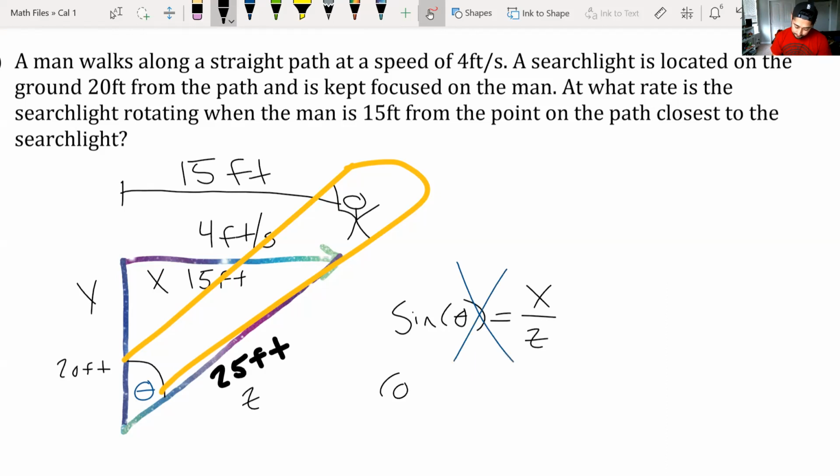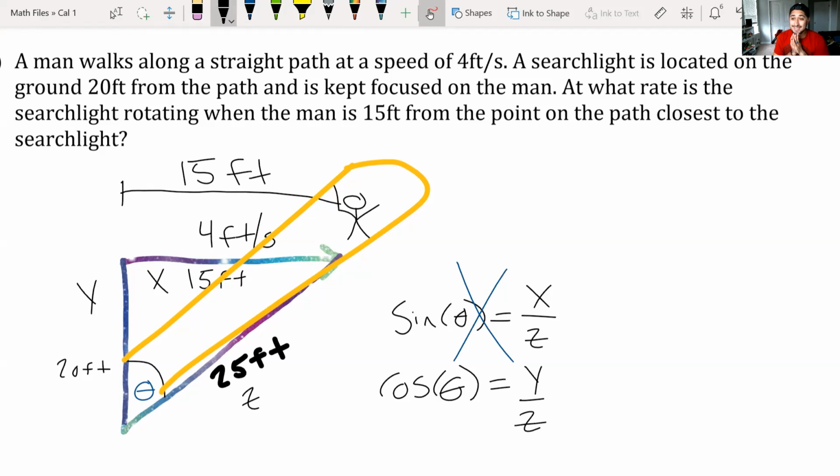We can try cosine. Cosine theta would put the adjacent side over the hypotenuse, so it would put y over z. There are other reasons why we're not going to pick these trig functions, which I can get into a little later. So you think cosine would cover the area because we go to y and we go to z.